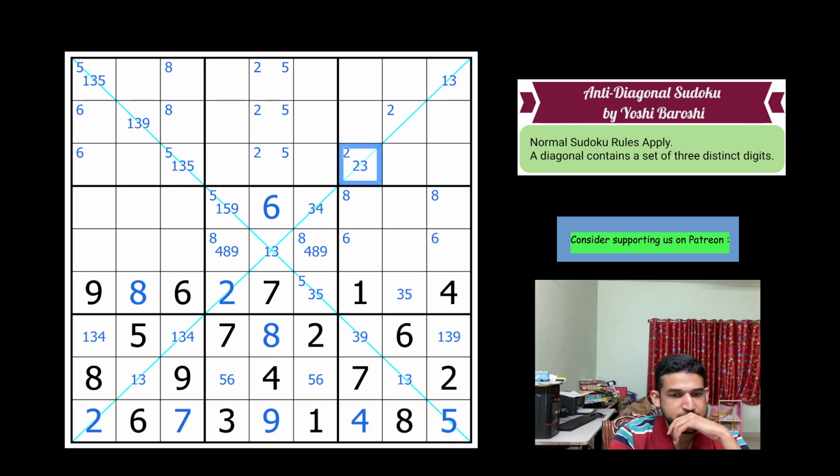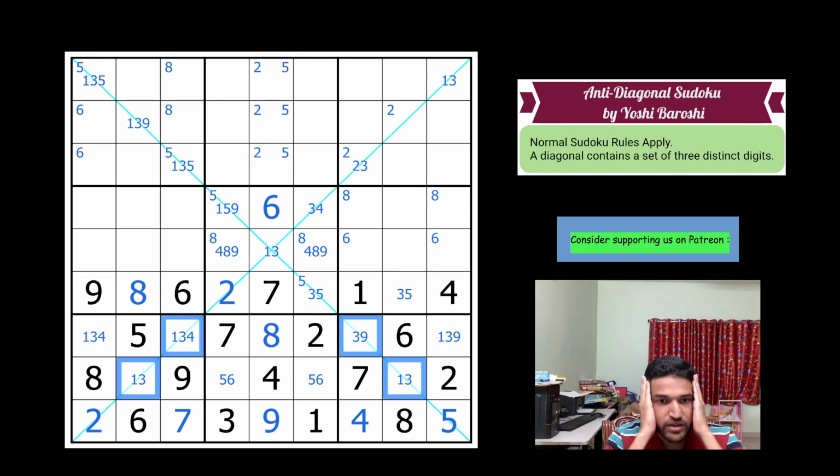How do I stumble that digit? Okay, I have a 1 3 pair, and this cell has to be in one of these two cells and has to be in one of these two cells. Both 1 and 3 are candidates to be in either of these two cells. How on earth can I deduce this?